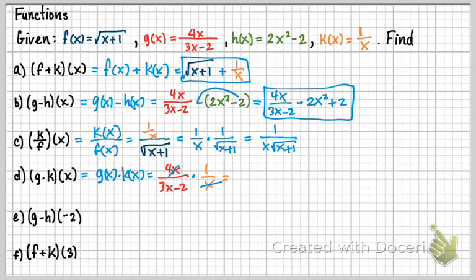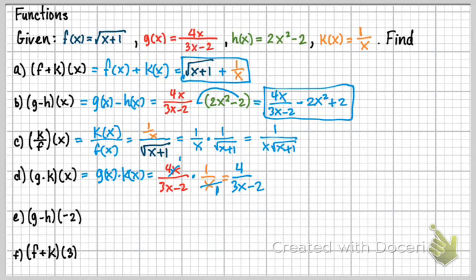And remember, when I multiply fractions, I multiply straight across. And these aren't really fractions, they're rational expressions, but the same structure. So that's going to be 4 over, and that's going to leave a 1 in its place here. And that leaves a 1. So it's going to be 4 over 3x minus 2. So that's going to be the answer for this one.